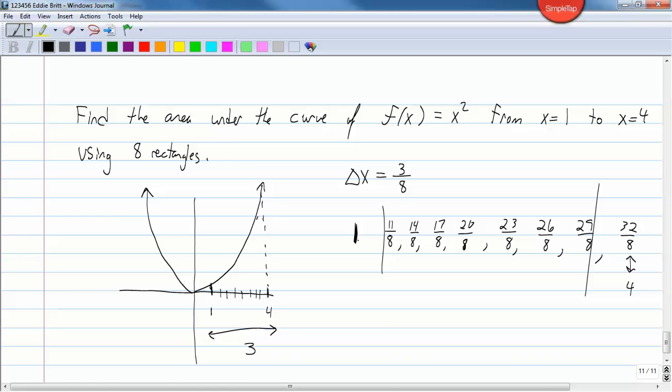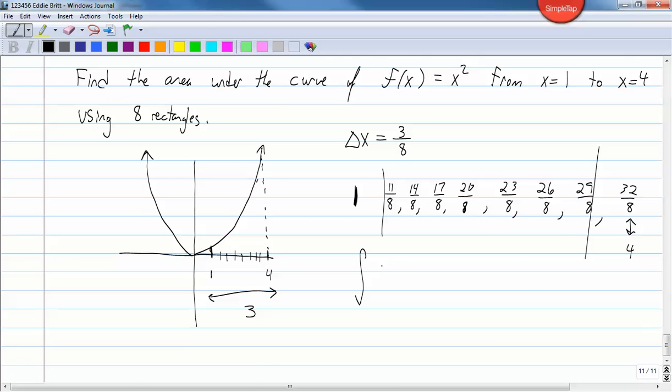Now, this is a lot harder than just doing this right here. Watch this. Here's how you find the actual area. The integral of x squared from 1 to 4 dx. Integrate x squared, you get x cubed over 3. Evaluate that from 1 to 4.